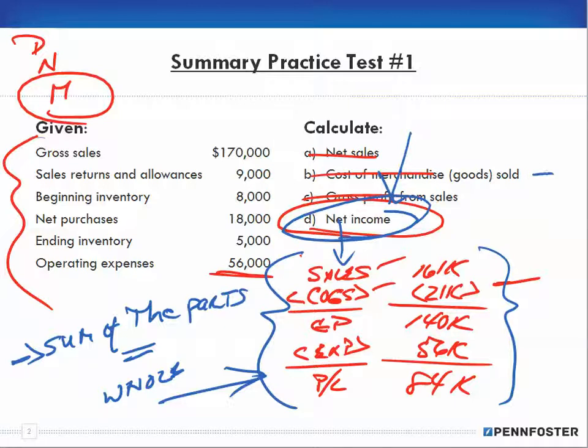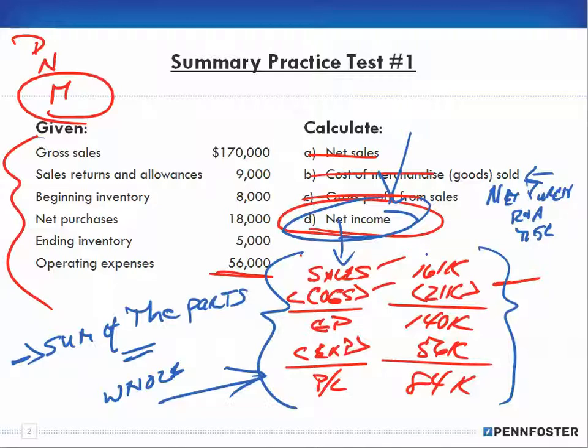If you were just asked to figure out cost of goods sold like you did in B, you're not going to see oftentimes an example that matches what's in the textbook. Because as you saw in figuring out cost of goods sold, I was able to expand it. It had net purchases in there. Well, what's net purchases? That's the same type of thinking about net sales, where I have returns and allowances and discounts to consider. But depending upon the information that I'm given, I may or may not have it there.